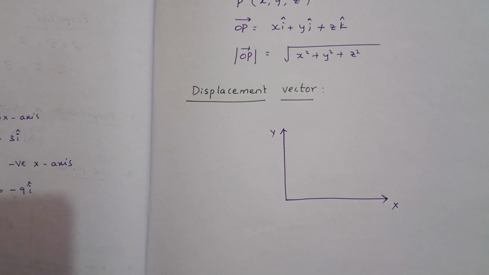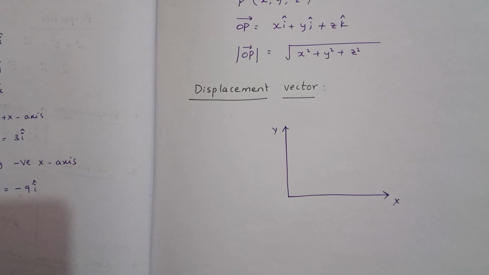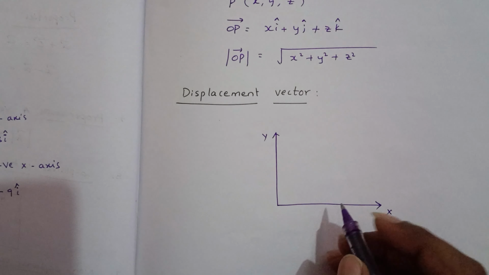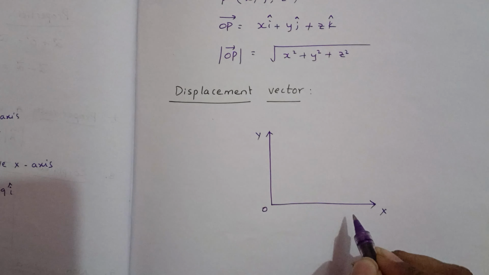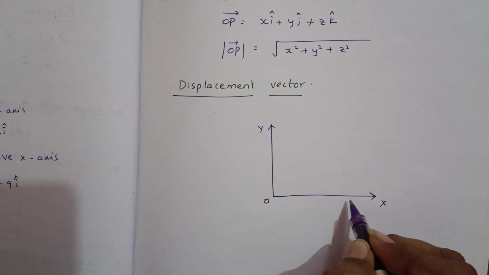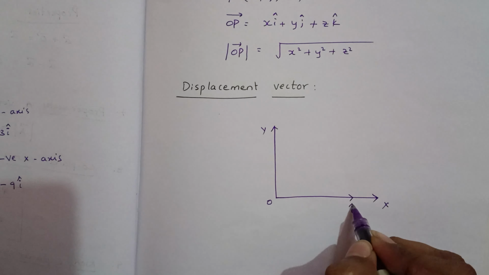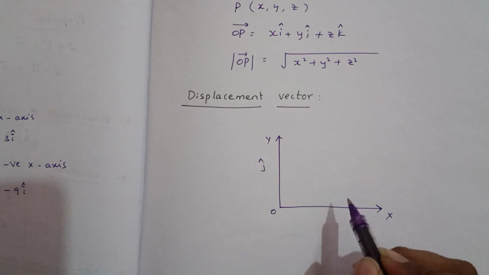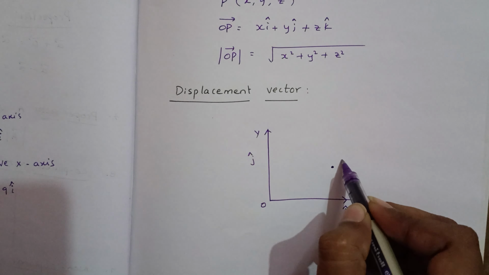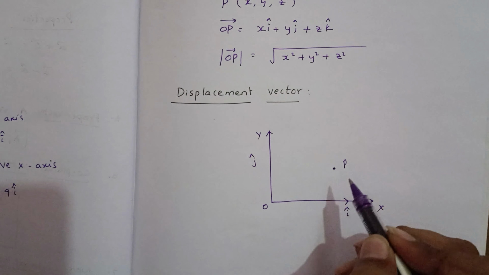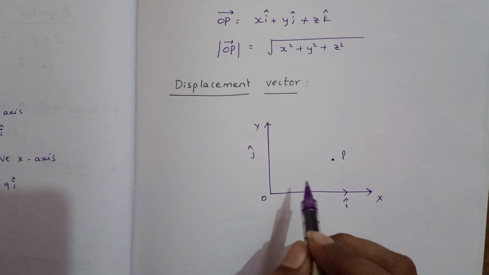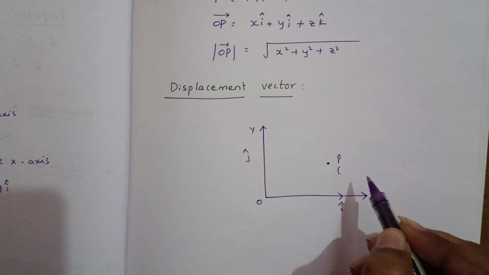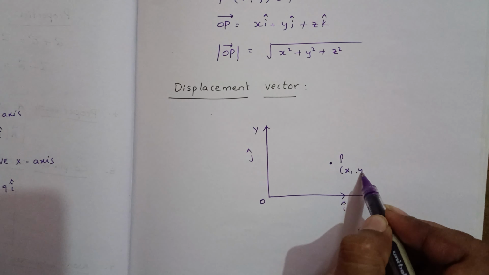Next, displacement vector. Now xy is a plane, with x-axis and y-axis. O is the origin. Along the x-axis the unit vector is i cap, along the y-axis the unit vector is j cap, which we already know. Now there is a point P in the xy plane with coordinates x1, y1.